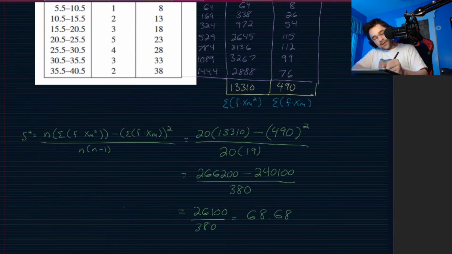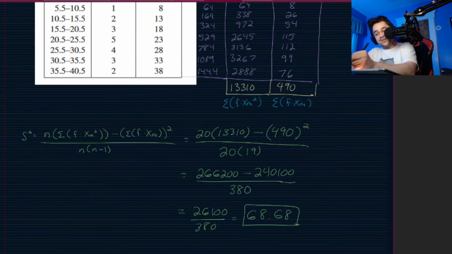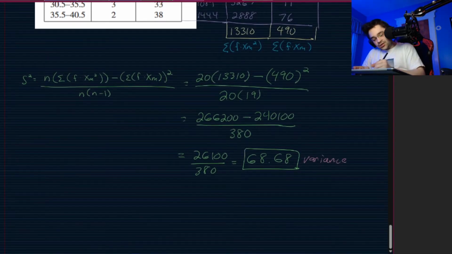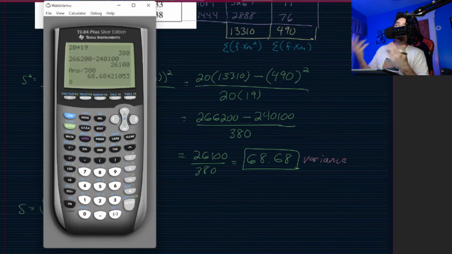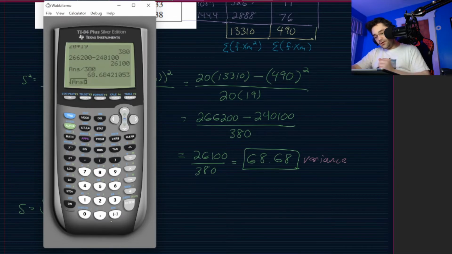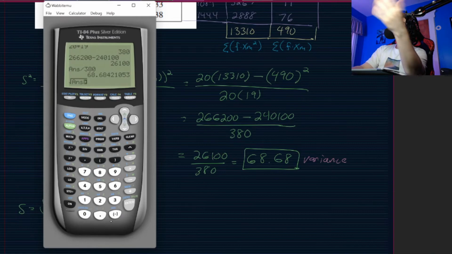Okay? And again, remember, this is s squared. We were looking for variance of grouped data here. This is the variance. It was a different formula because it was grouped data. And then s is just the square root of this. That's our standard deviation. Let me use the exact value here, the pre-rounded value, so that I get a more accurate answer. If you round and then use the value, you've lost a little bit of accuracy.